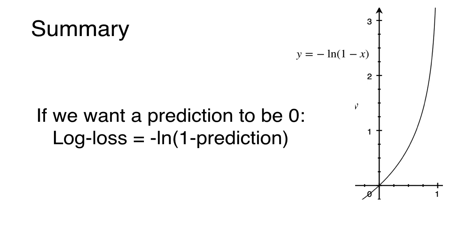From the graph of negative logarithm of 1 minus x on the right, we see that when the prediction is close to 0, there's a low error, and when the prediction is close to 1, there is a high error. So these two are the error functions that we're going to use for training the generator and the discriminator based on if we want the prediction to be 0 or 1.